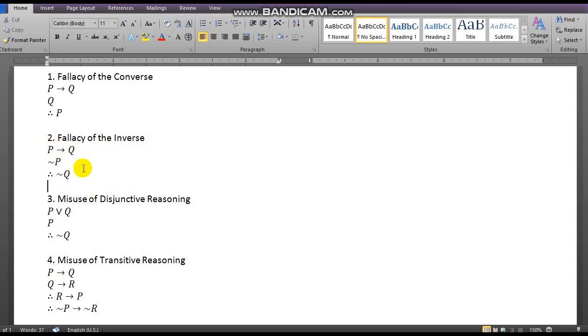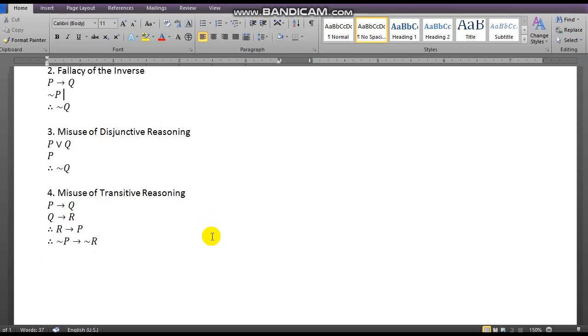So P implies Q again. If P is false, it doesn't matter if Q is true or false. So if you say that P is false, then Q must also be false, then we are committing the fallacy of the inverse.